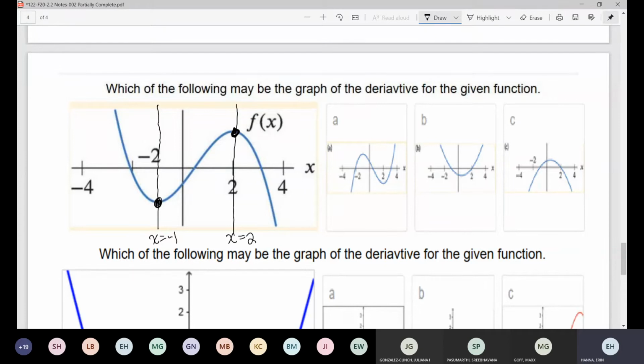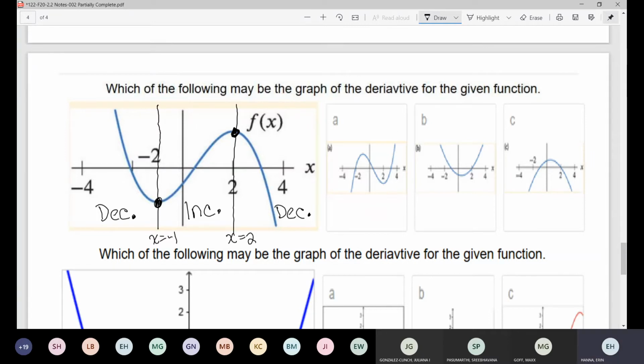So my original function is decreasing in that leftmost portion. So since it's decreasing, I'm just going to write decreasing, abbreviated. And then this middle piece is increasing. And then I'm decreasing again.